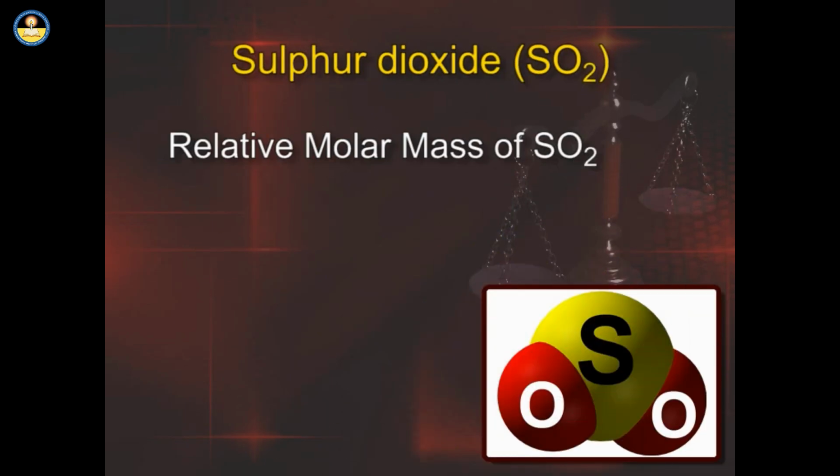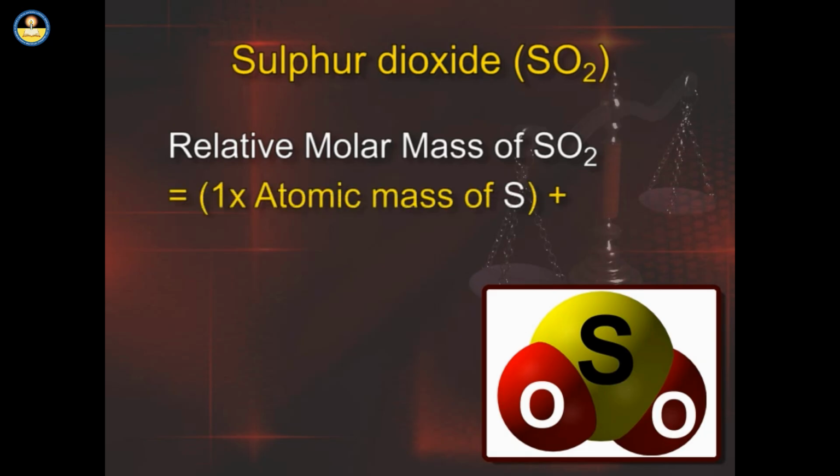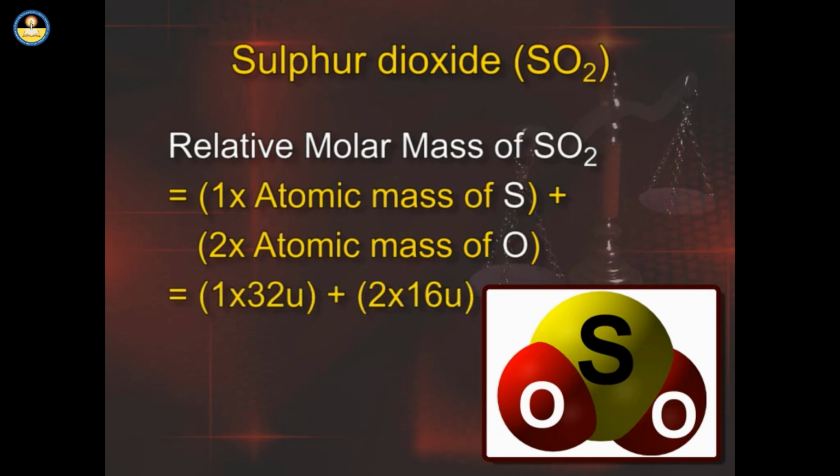Relative molecular mass of sulfur dioxide is equal to 1 multiplied by atomic mass of sulfur plus 2 multiplied by atomic mass of oxygen, which is equal to 1 multiplied by 32U plus 2 multiplied by 16U, which is equal to 64U.